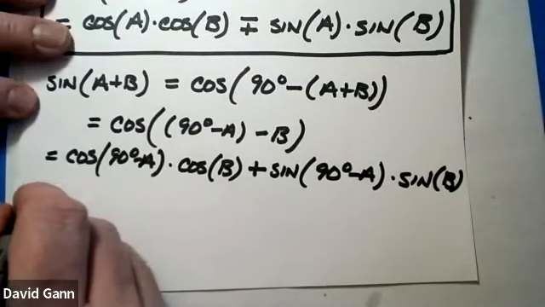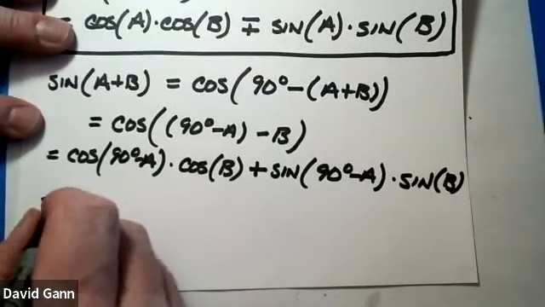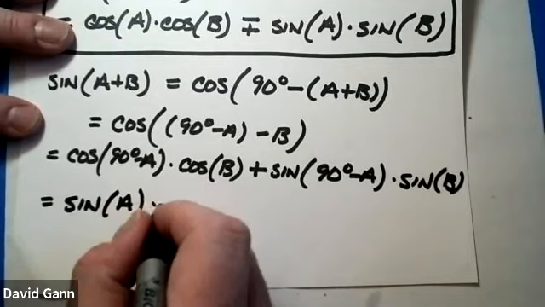So this first term becomes not cosine of 90 minus A, but actually sine of A. And cosine of B, nothing changes there.